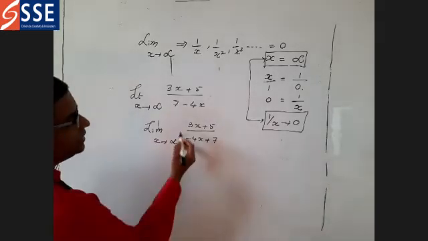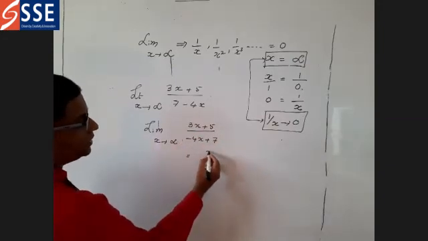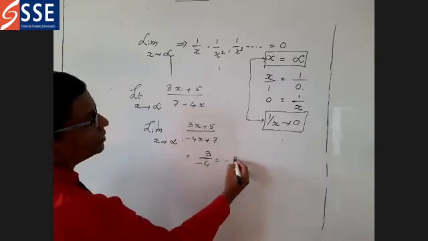Now you see here, as usual, this one divided by this one. So what is the answer? 3 by minus 4, which is equal to minus 3 by 4.